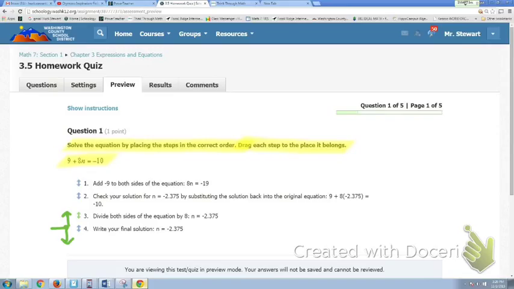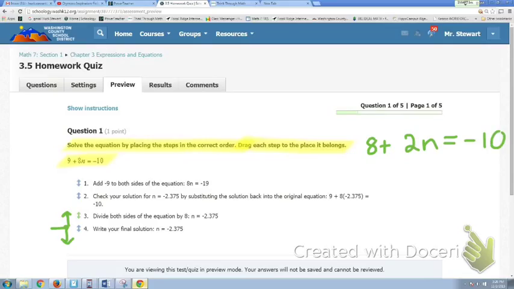But let me make up an equation for you, and I'll do this off to the side, and then we're going to talk about how this works. I'm just going to make it up, so it may not come out really nice. Let's say 8 plus 2n is equal to negative 10.